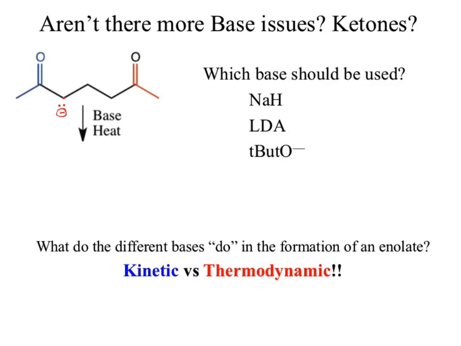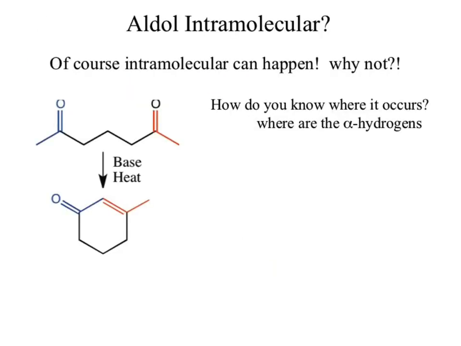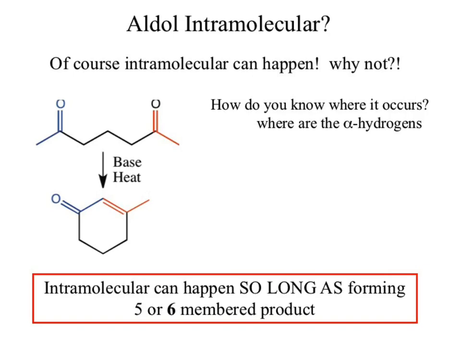So I may not form a lot of the kinetic, but the kinetic is the only one that would work. It doesn't matter really which base I use, though preferentially we would prefer probably the sodium hydride or the LDA, because then we don't have to worry about that secondary kinetic thermodynamic issue. So intramolecular is allowed to happen as long as we get 5 or 6 membered rings. If we don't get 5 or 6 membered rings, don't do them.